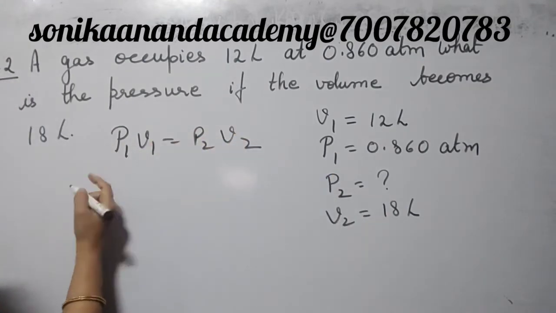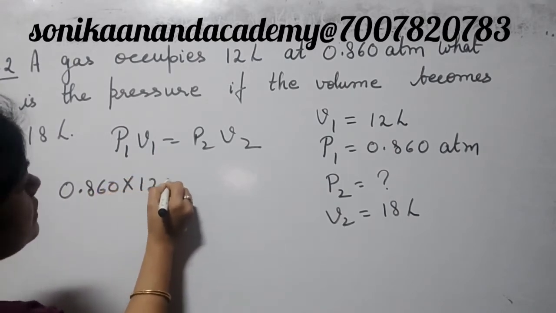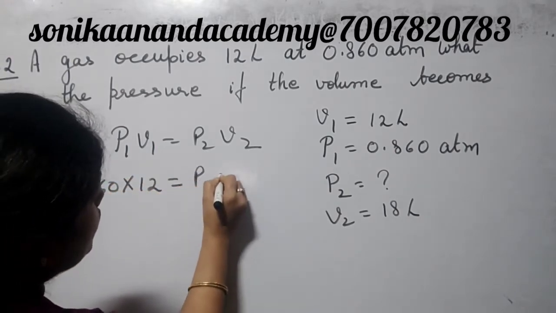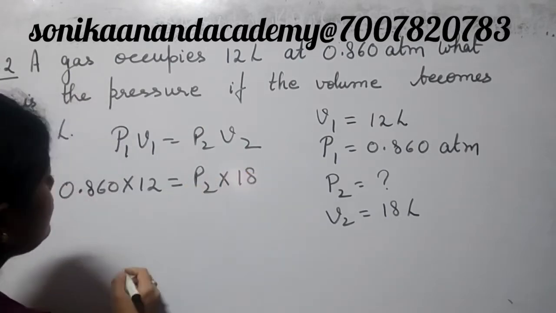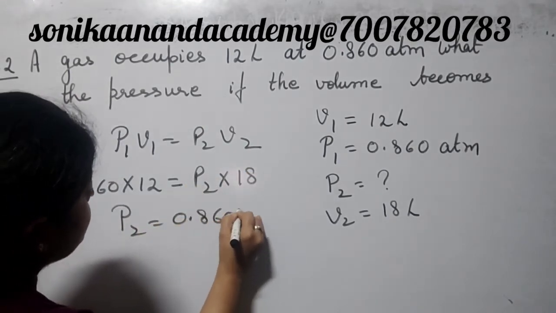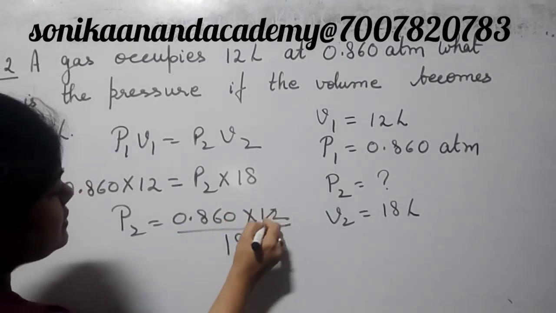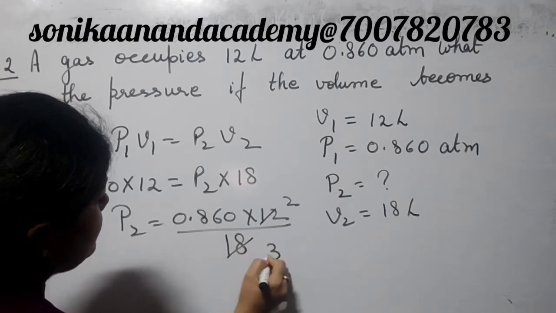Now substituting the values, we get 0.860 into 12, which is equal to P2 and volume 18 liters. So P2 is equal to 0.860 into 12 over 18. Now solve it. 6 2s are 12, 6 3s are 18.